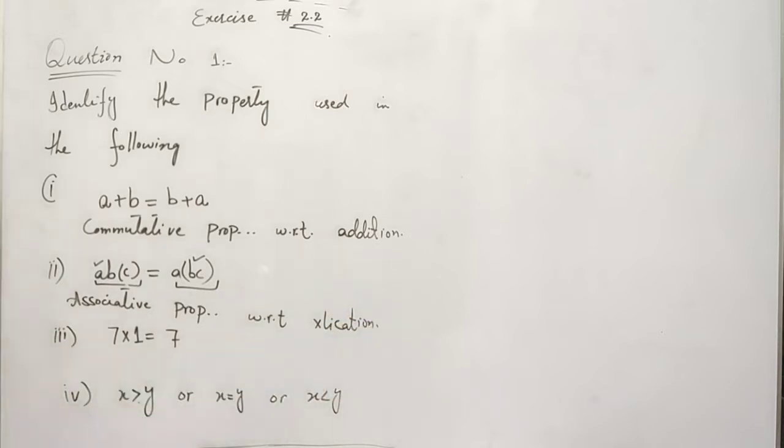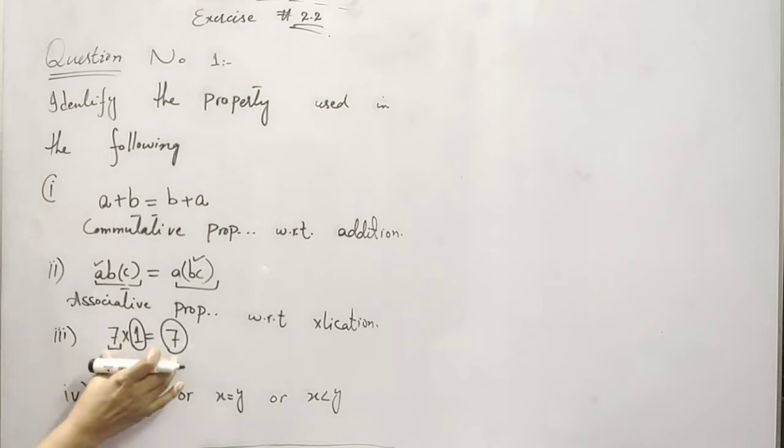Okay, now here 7 multiplied by 1 is equals to 7. Here we take a number from the real numbers and we multiply it with 1. The number does not change itself. So what is this property?